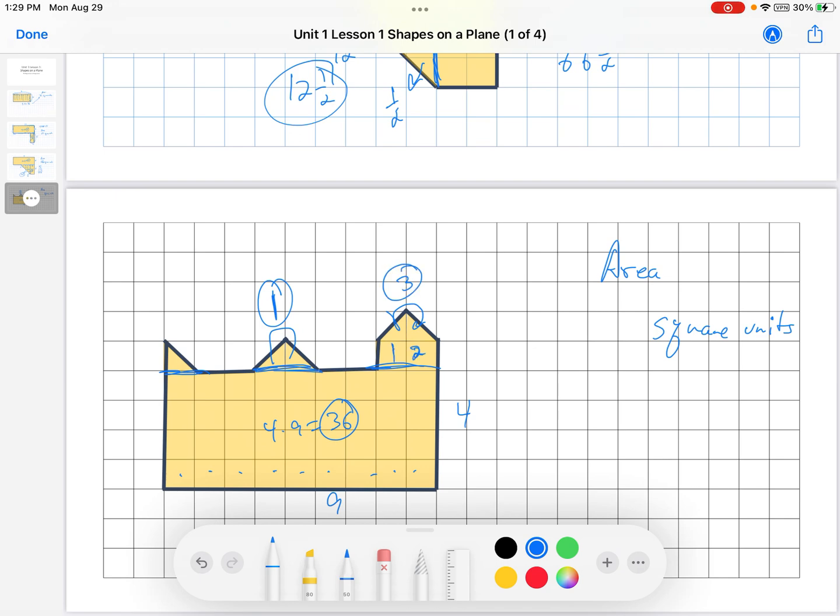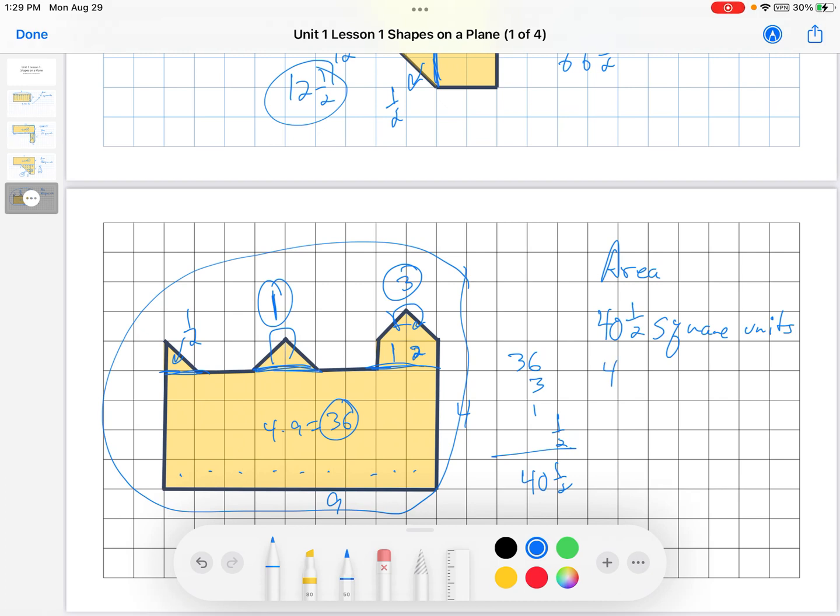See, one here, 2, and then 2 halves make 3. And then a half up here, so that's 36, and 3 more, and 1 more, and a half more. 36, 39, 40, and 1/2. So the area of this whole shape is 40 and 1/2 square units.